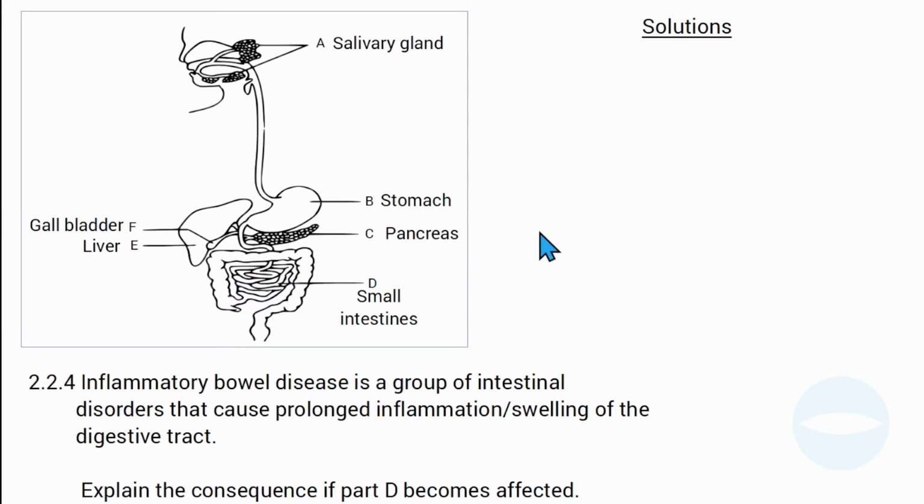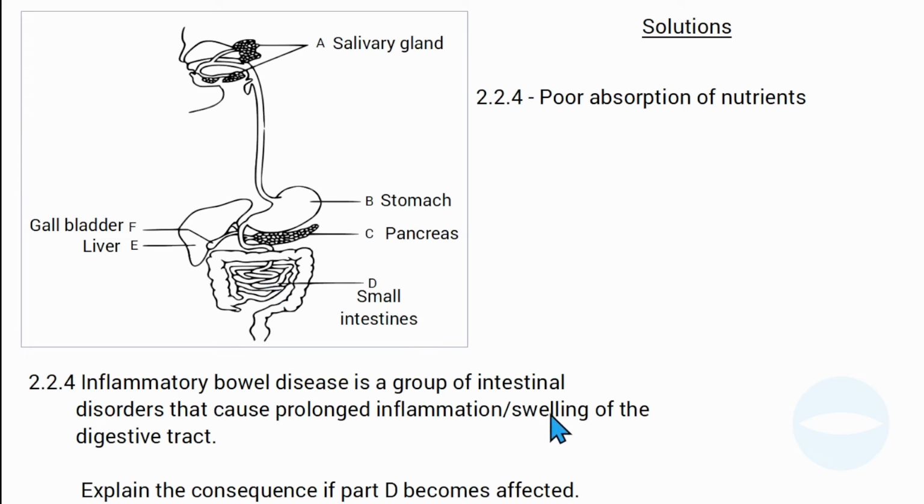Therefore, what we can say is that if an individual is affected by this disease, there will be poor absorption of nutrients. Most of the nutrients are absorbed in the small intestine.